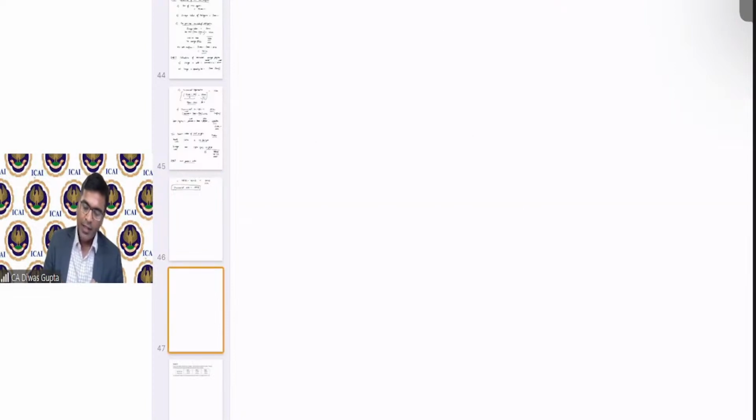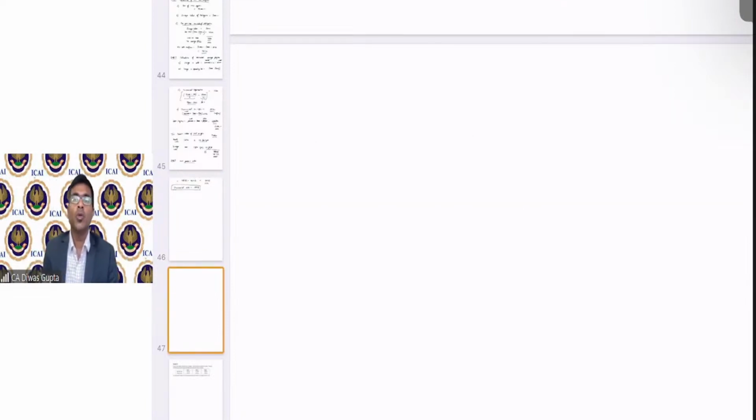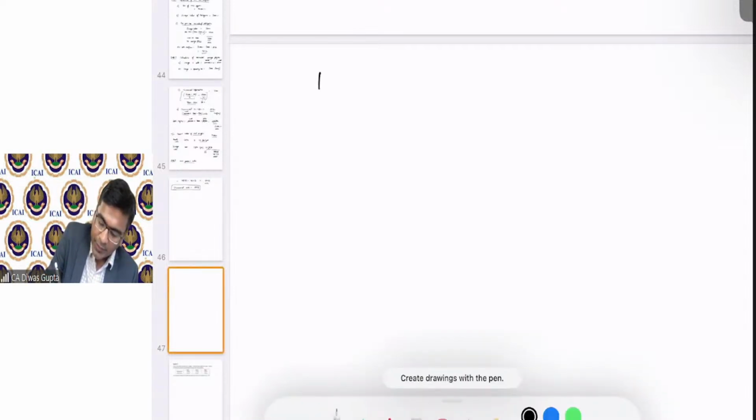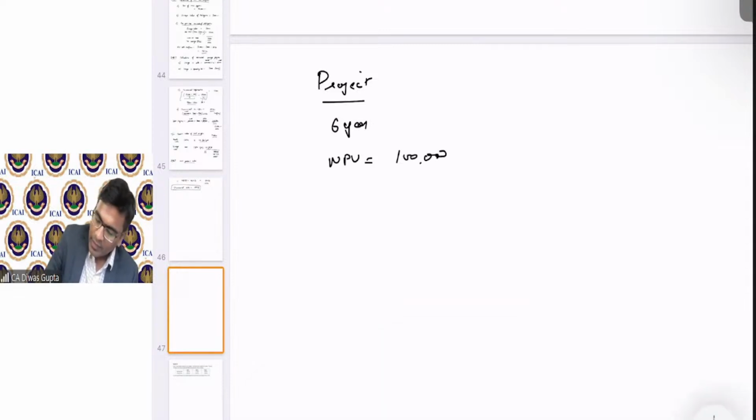Okay, students. Now there is a very interesting case, and this was one of the questions also: can we compare two different projects having two different lives? Let's assume there is a project with 6 years having an NPV of, let's say, 1 lakh, and there is a project of 3 years having an NPV of, let's say, 80,000, right?